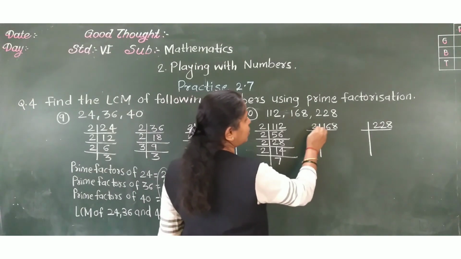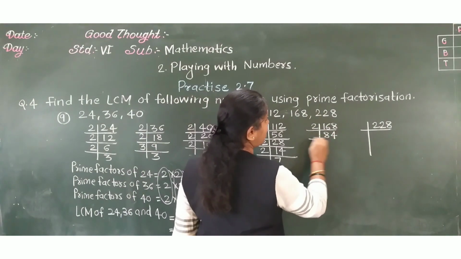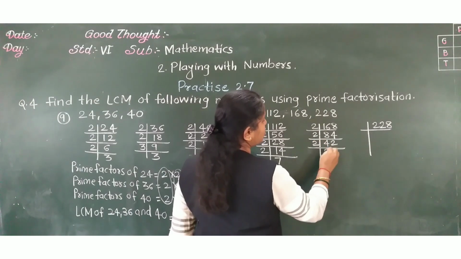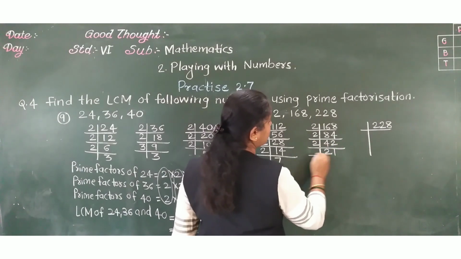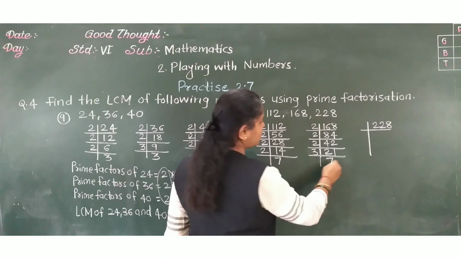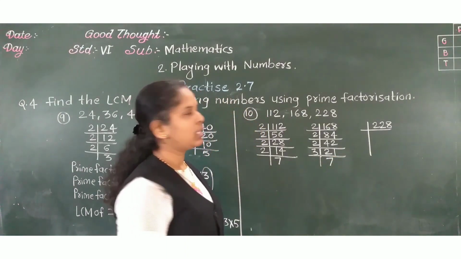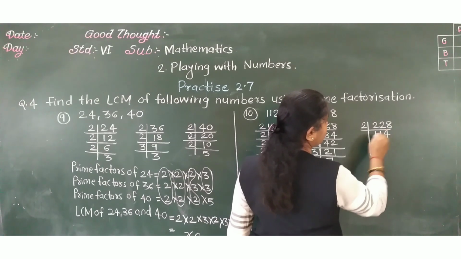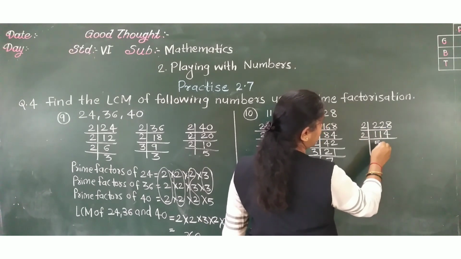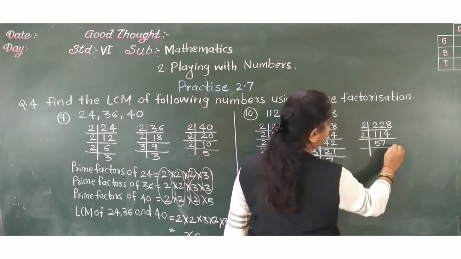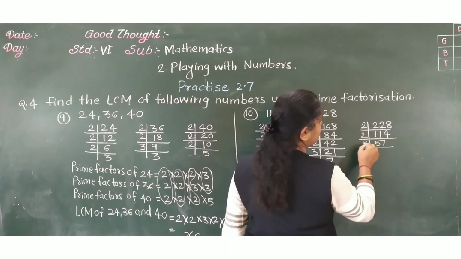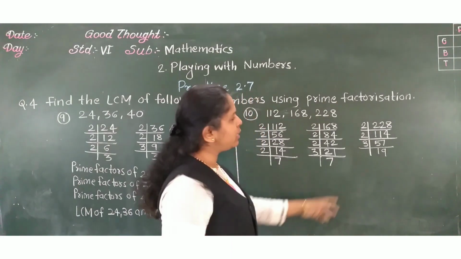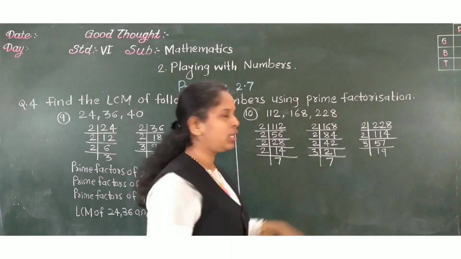Here 2 8s are 16, 2 4s are 8. 2 4s are 8, 2 2s are 4. 2 2s are 4, 2 1s are 2. 3 7s are 21. Next, 2 1s are 2, 2 5s are 10, 2 7s are 14. Then 3 1s are 3, 3 9s are 27. And 19 is a prime number, so we have to stop there only.